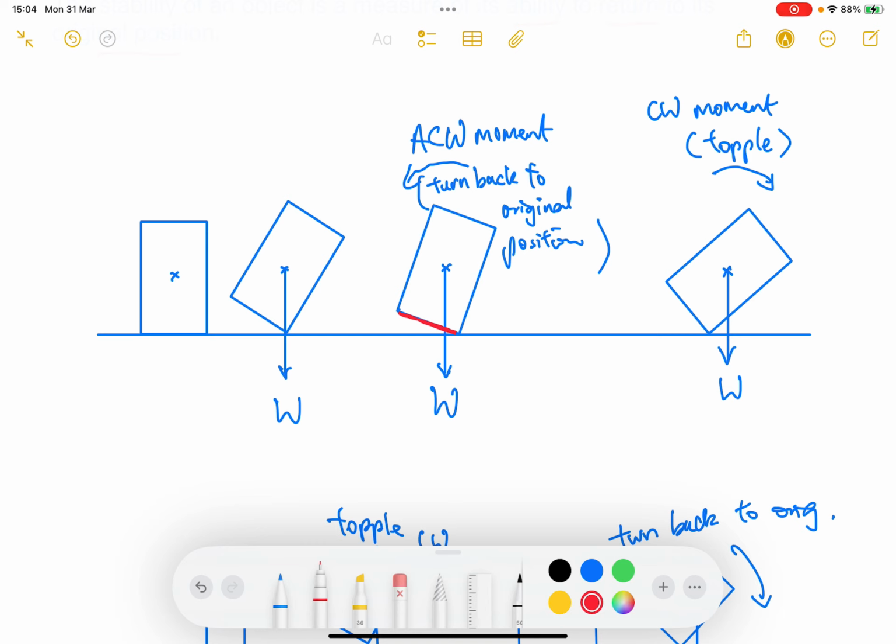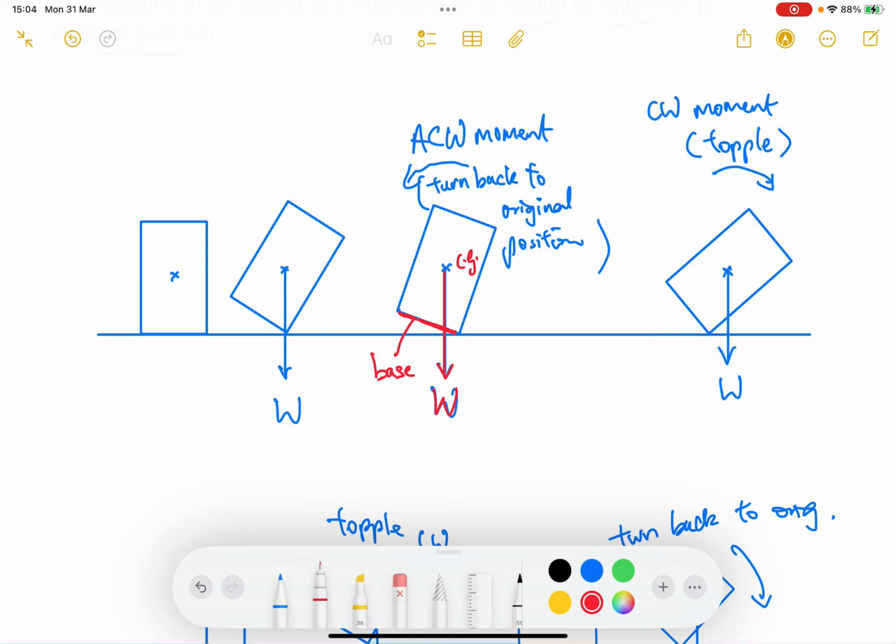Now, if you look at the line of the center of gravity, right over here, this is where the vertical line going through the center of gravity, which the entire weight of the object acts from. This line is within the base of this cuboid.